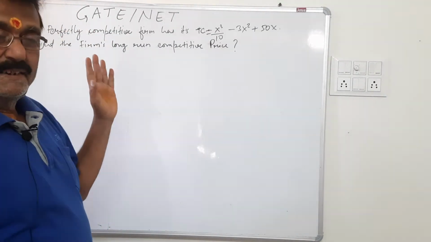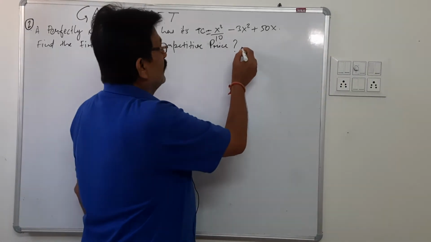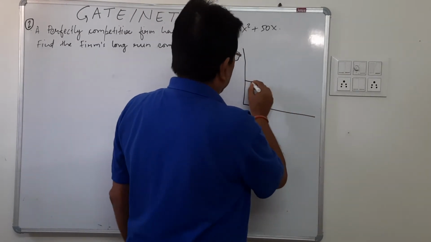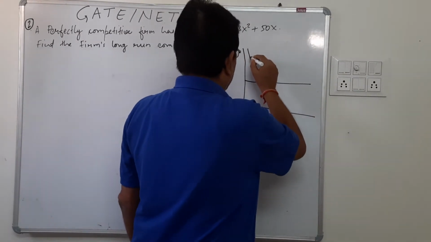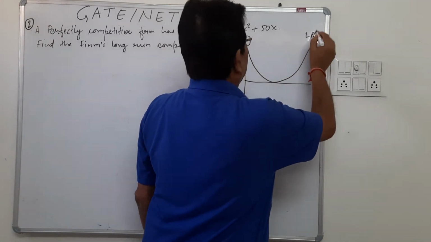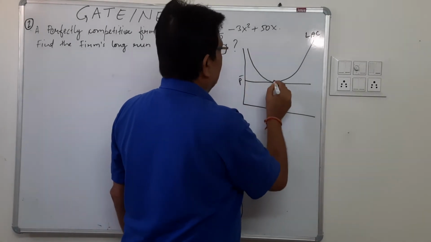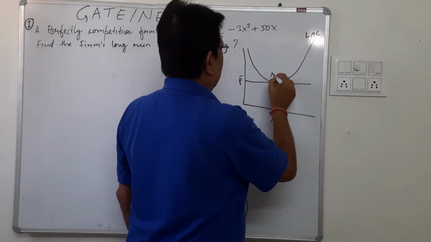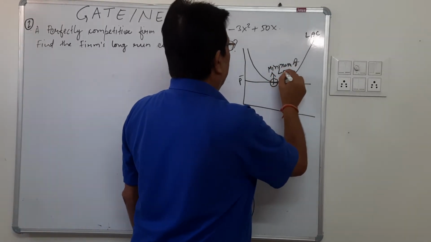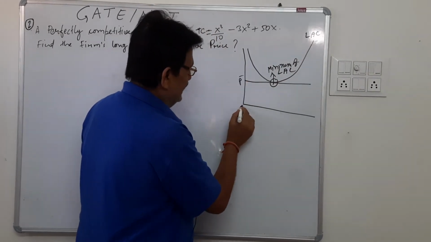For finding the answer to such questions, you will have to go to the long run equilibrium of a perfectly competitive firm. Now you see, the minimum of LAC happens to be the price of the competitive firm.